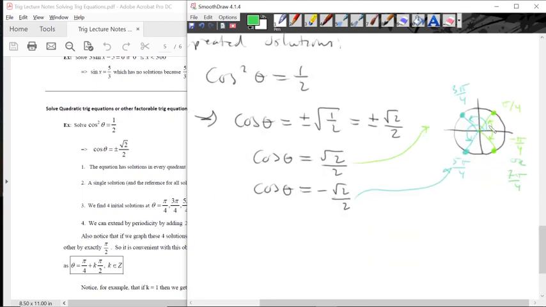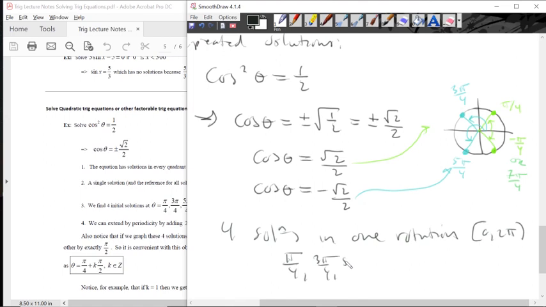Now, we have a total of 4 solutions within one complete rotation. For example, from 0 to 2 pi, we have the solutions, again, pi over 4, 3 pi over 4, 5 pi over 4, and 7 pi over 4.